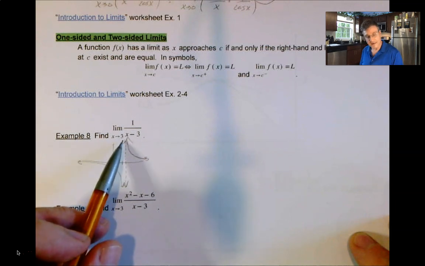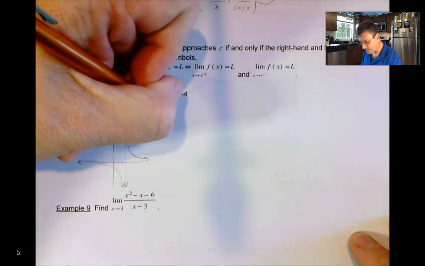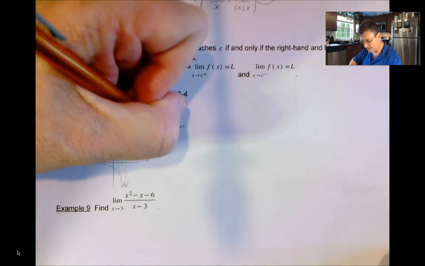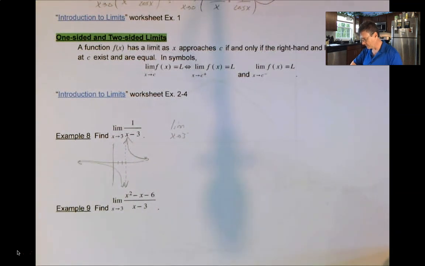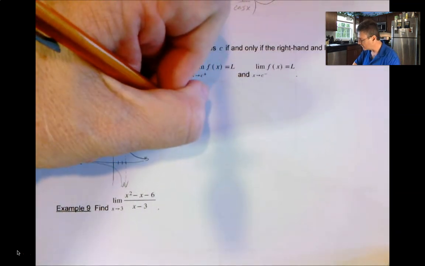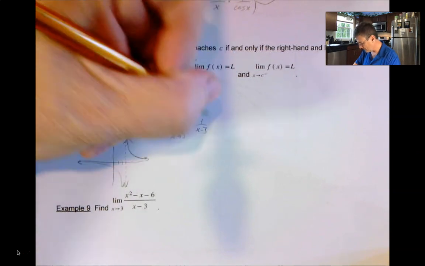This is a two-sided limit, which means we need to check both sides. We need to check the limit as x approaches 3 from the left of f of x, which I'll write out as 1 over x minus 3.